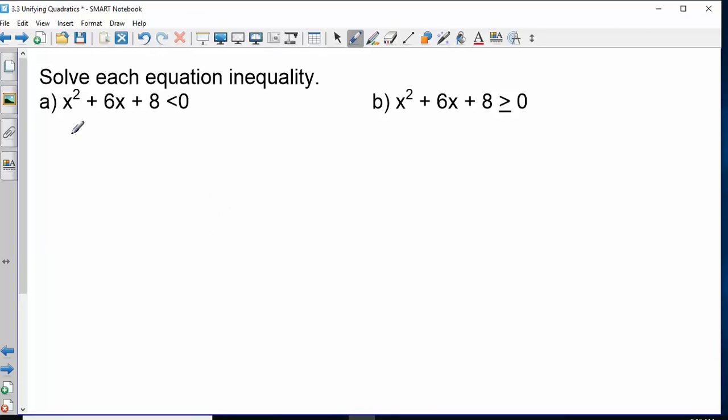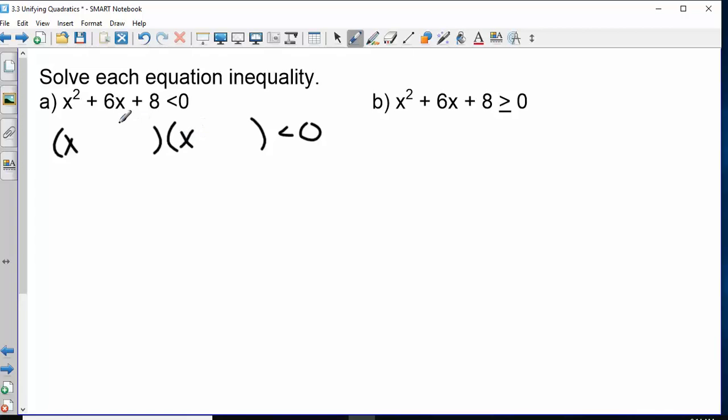So what do I do on this first one? Yeah, we have to set it equal, find what makes it 0, so we have to factor. We can do the shortcut here.